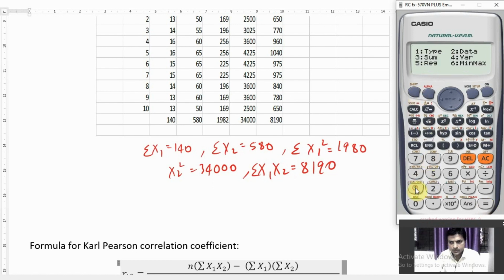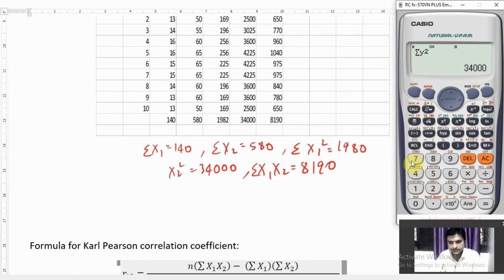Again shift 1 3, you take 2, so 140 is the correct answer. Again shift 1 3, you take now 3, that is summation x2 square, so you will get here 34,000. Yes, that is the correct answer.